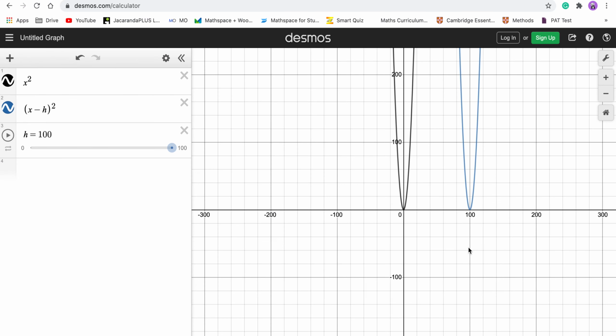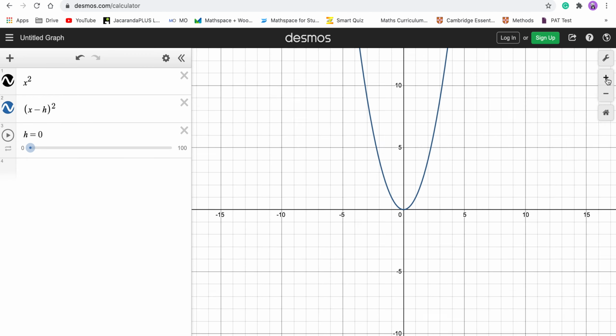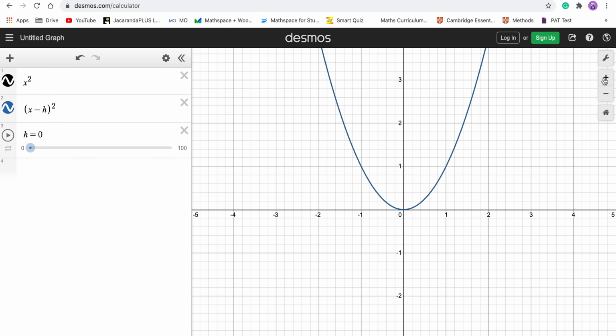Why is that? If I have my parabola and it's translated to the right, we cannot see it here, but if I zoom in, we can see that at the beginning, if I have my h there, and here it is in 0, my y-intercept is here.